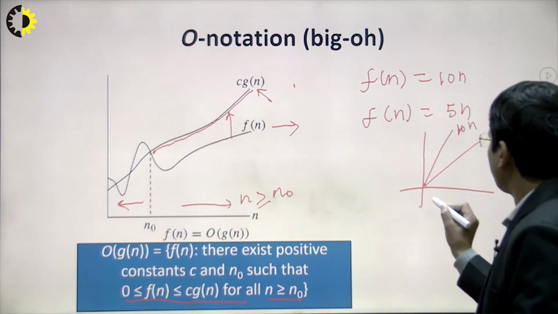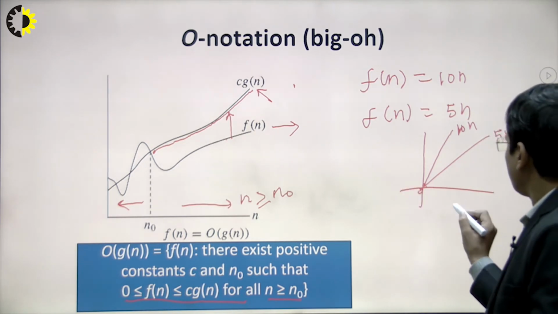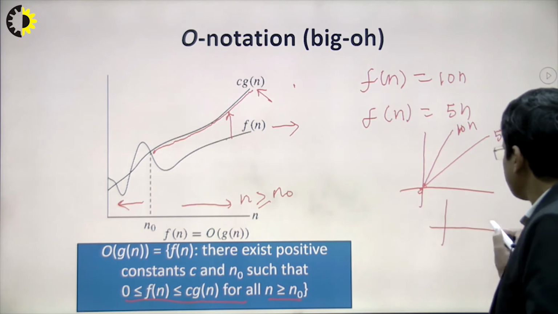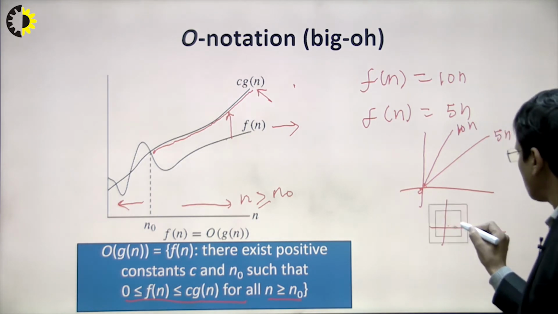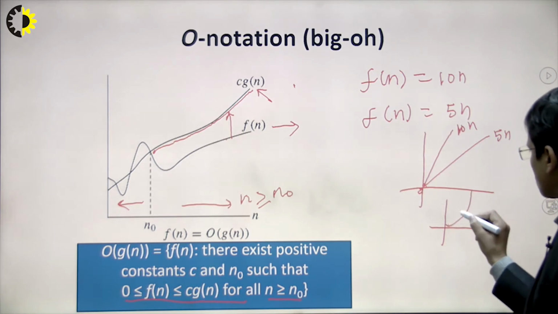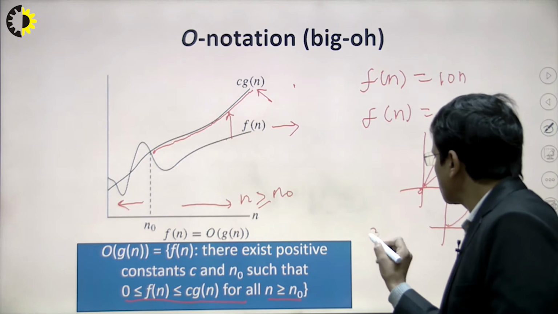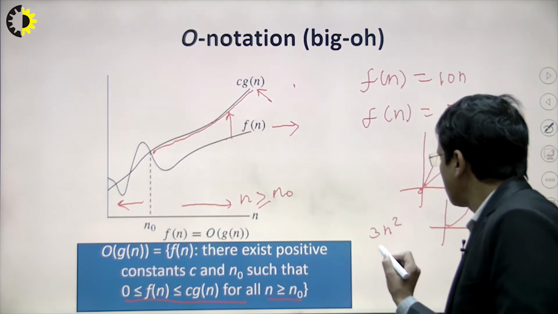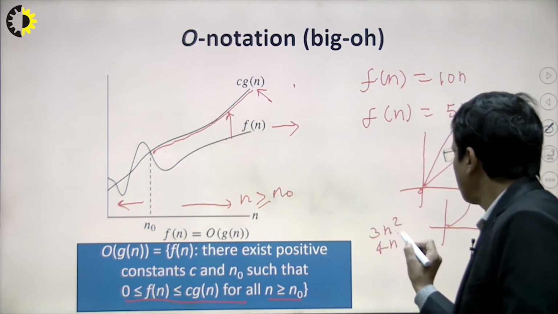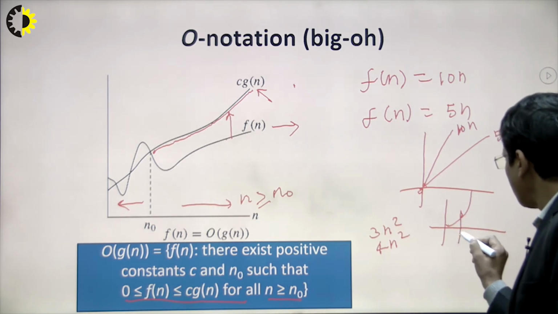At that particular point, that is 0, they meet, but before that we are not trying to focus, right? As another example, take n square: 3n square and 4n square will meet at a particular point, that is 1, right?